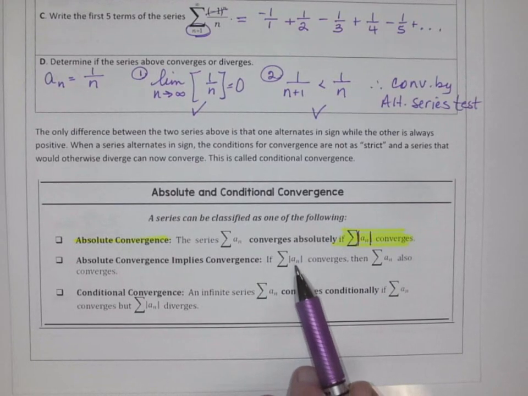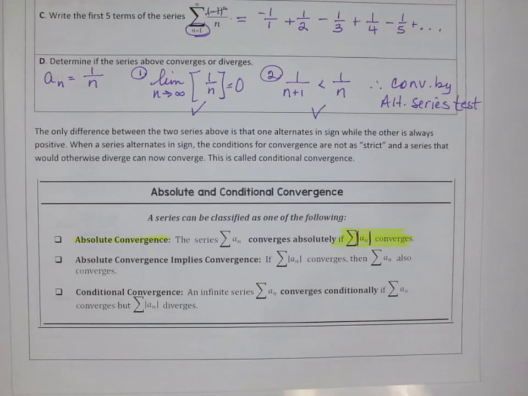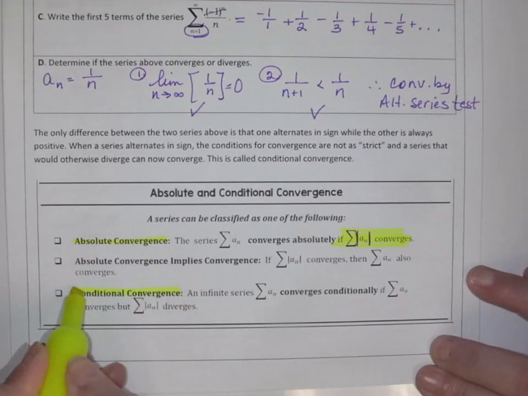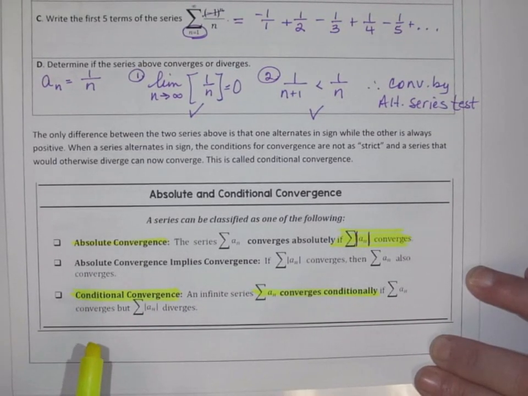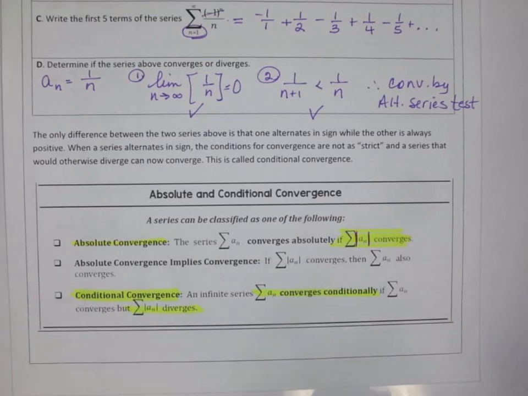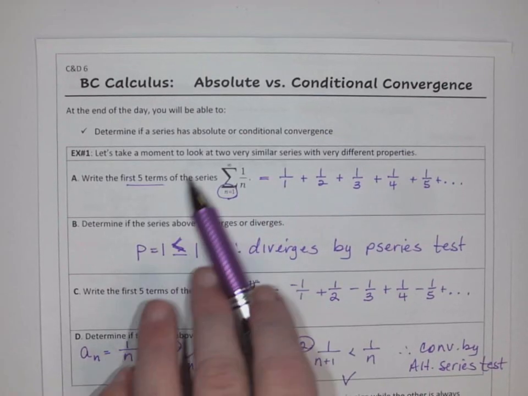Putting the absolute value bars around it is more strict than not having them. If it has conditional convergence, then without the absolute value bars it will converge, but with the absolute value bars it will diverge.